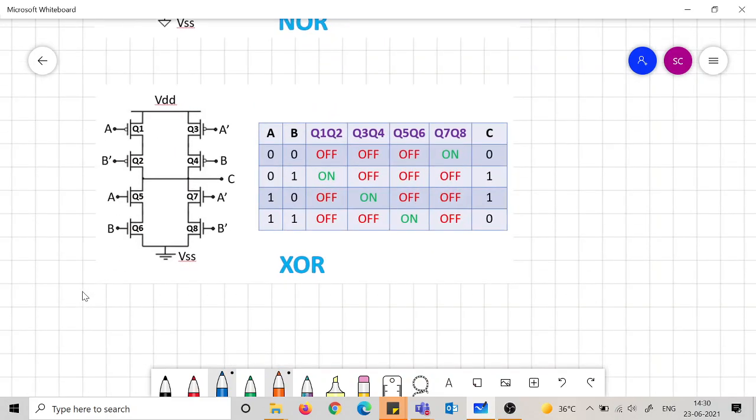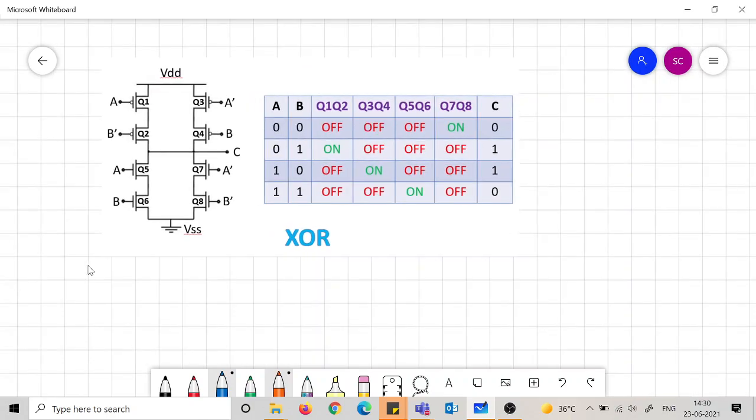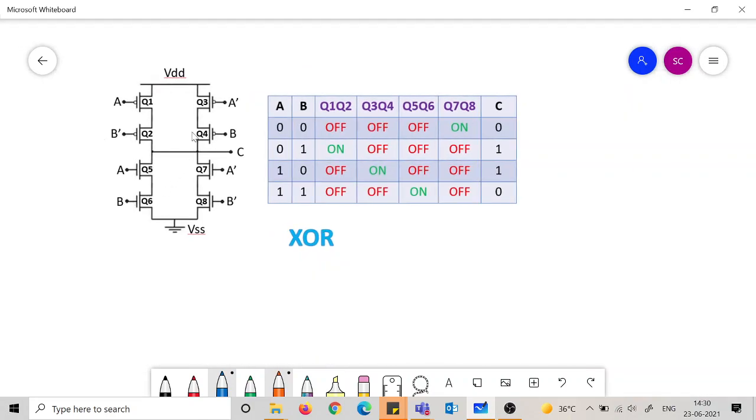Next is the XOR gate. This is an XOR gate, and in the XOR gate you see there are many complementary MOSFETs with A. Which are the complementary MOSFETs? Identify Q1 and Q5, both have A as an input.